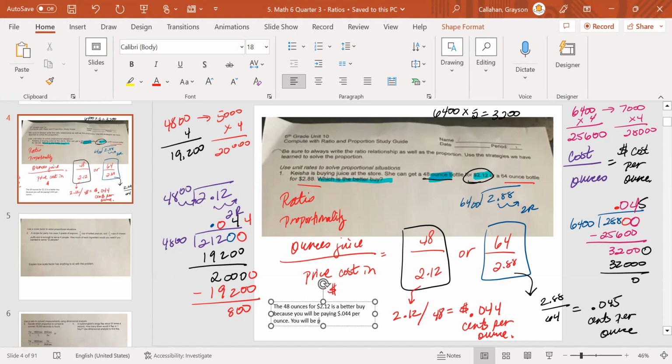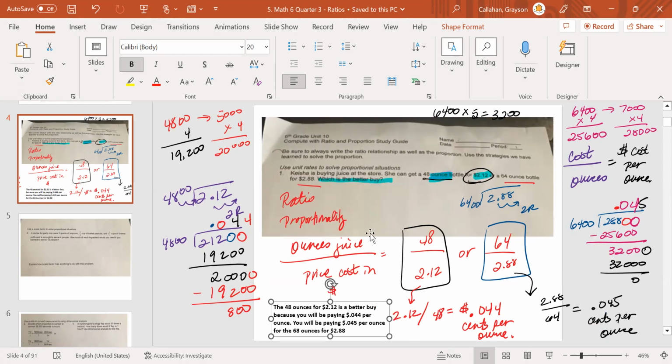You will be paying 0.045 per ounce for the 68 ounces for $2.88. So something to that effect will be sufficient to answer this question, okay?